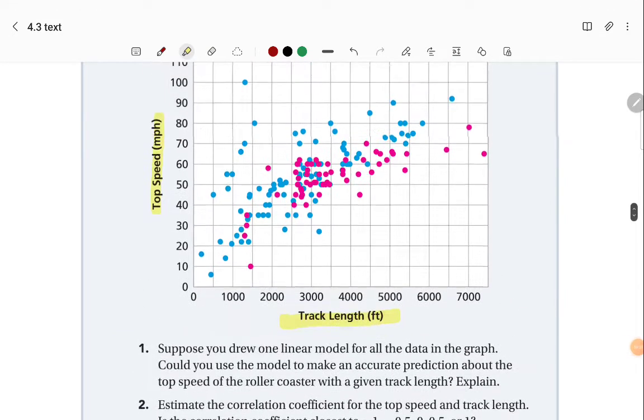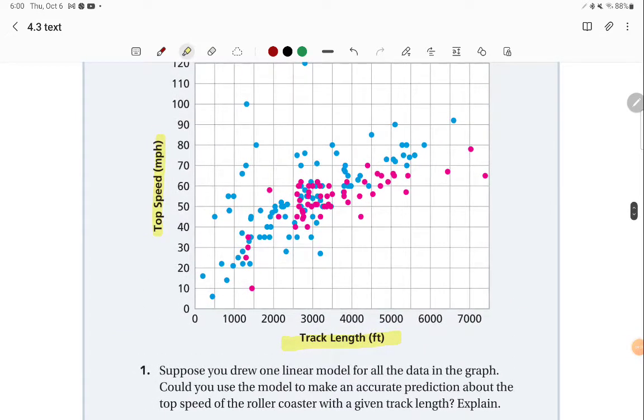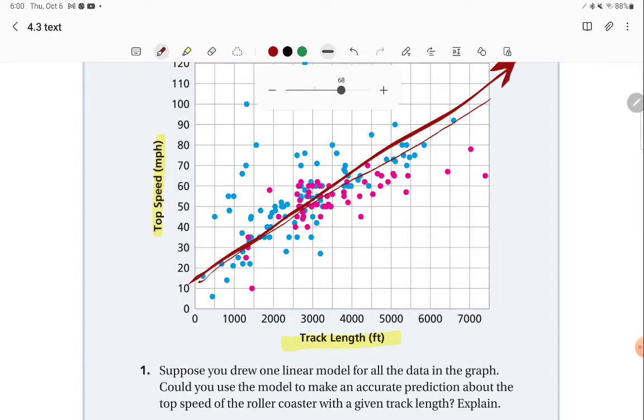Okay, the first one says, suppose you drew a linear model. So let's draw a linear model. We'll just try to draw through the center here, and let's make it pretty thick. That's kind of what our linear model looks like.